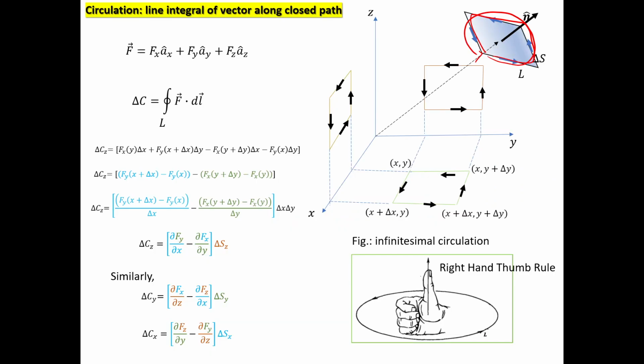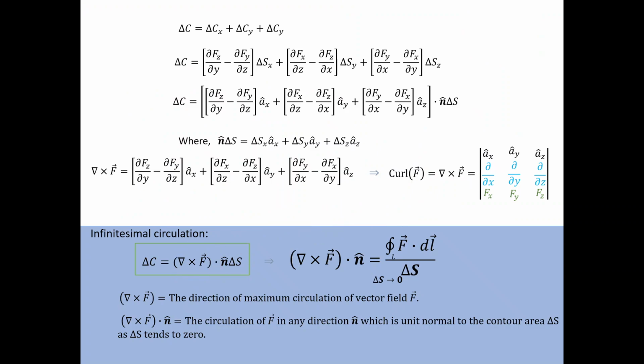What we see here is that the circulation is performed over the length of the closed path, but we are able to relate it with the loop area of the closed path as well.